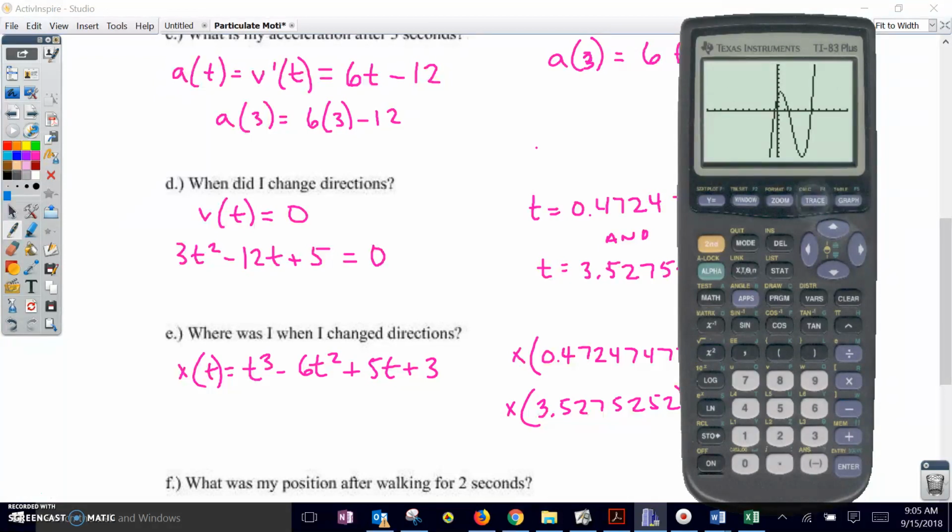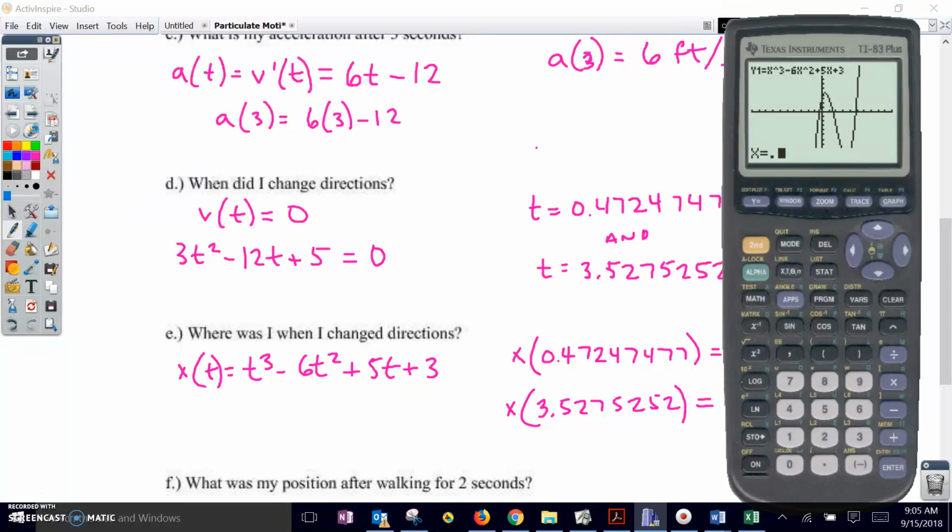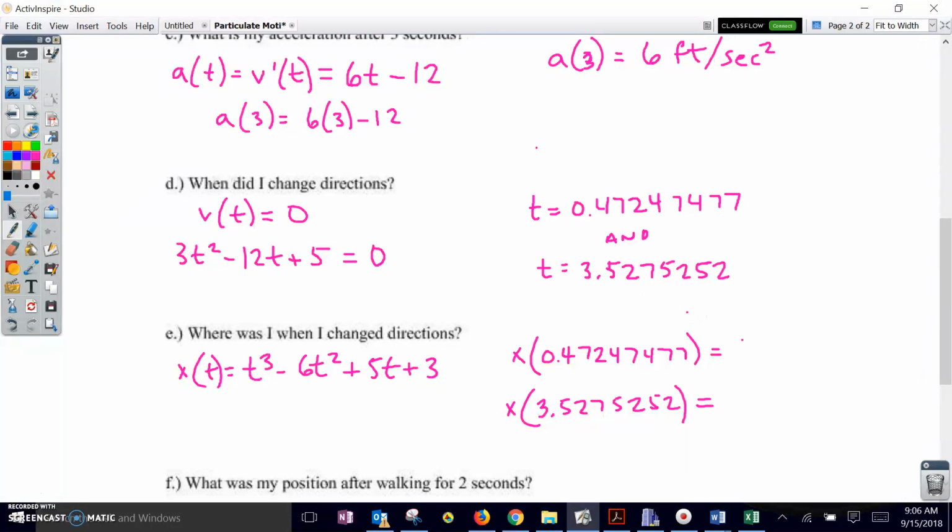And if I trace this, I can type in the first x value, 0.47247477. And my y coordinate will give me my position. I'm going to round that to 3 decimal places. 4.128 means I was 4.128 feet from the origin at that time.